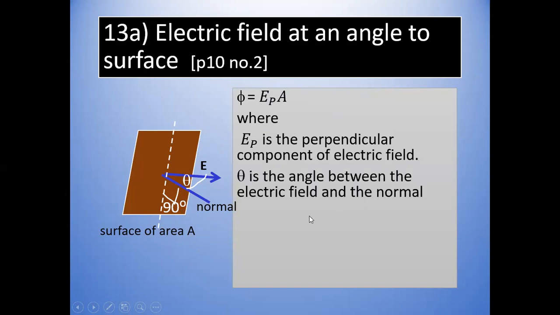Theta is the angle between the electric field and the normal. Then we resolve E in the normal direction, so E cos theta. So EA cos theta is a scalar quantity.